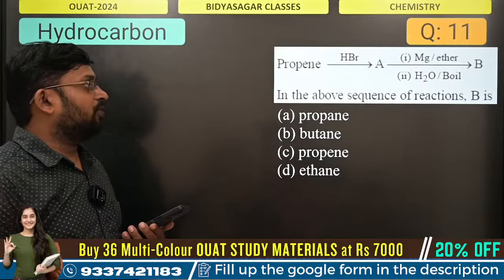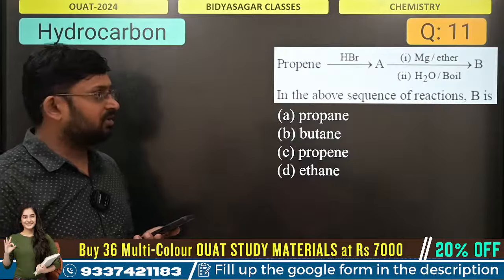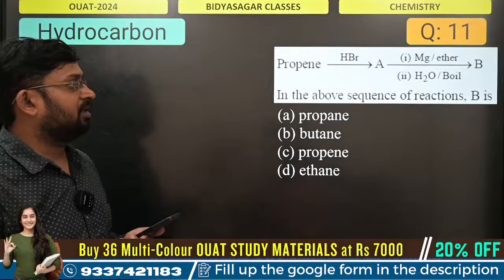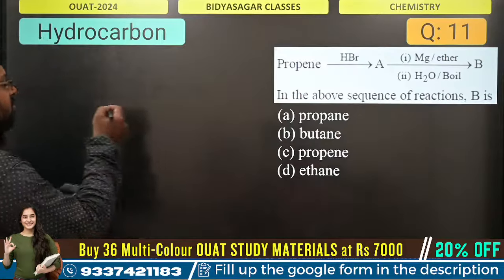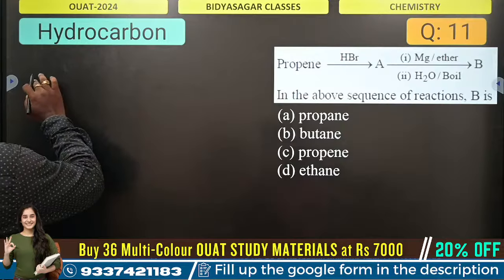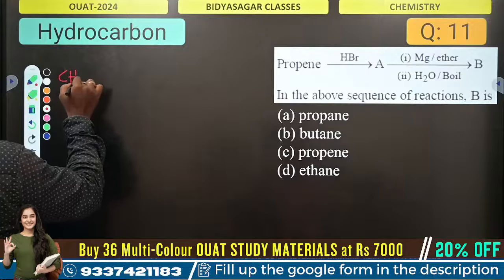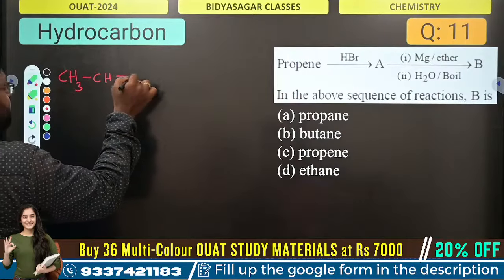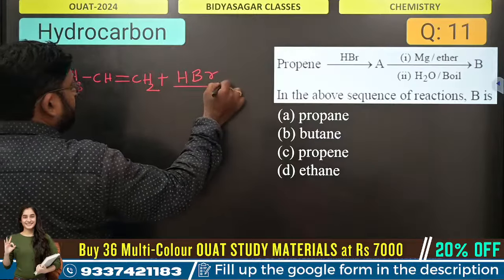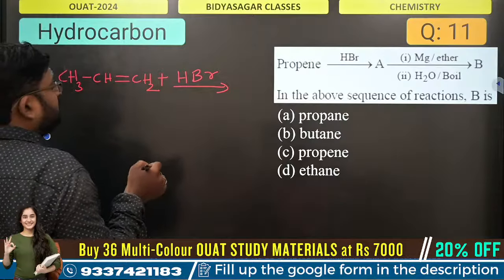Okay, so question number 11. Propene, if you are giving HBr, you know about this reaction, this is Markovnikov's rule. So in presence of HBr, what would be A?